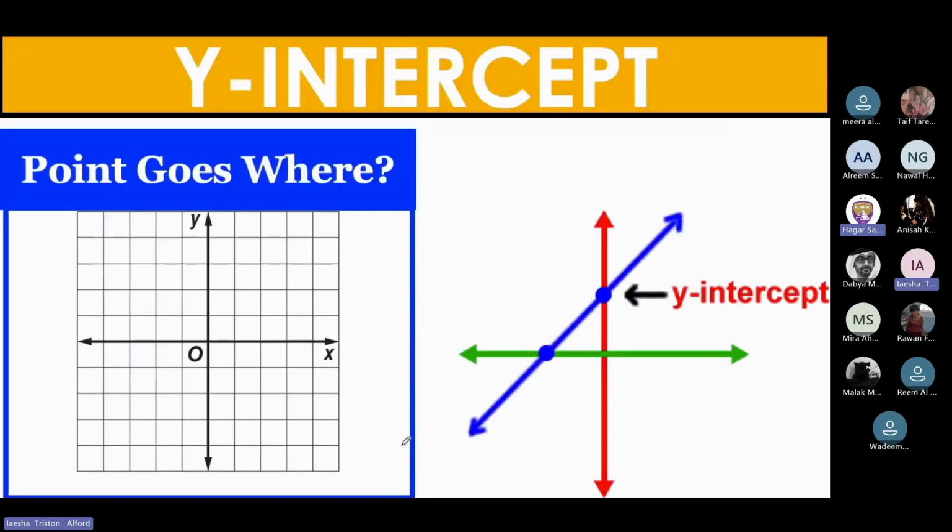Question number 14, you have to remember about the y-intercept. What 2 things do you know about the y-intercept? The point should be where? Nobody remembers? You should know 2 things about the word y-intercept.